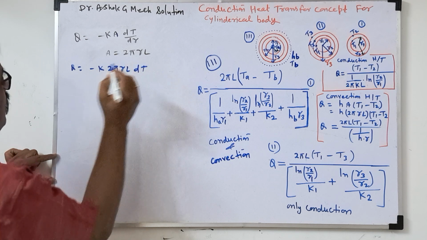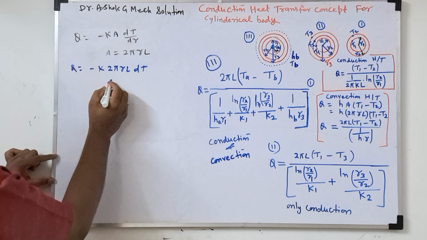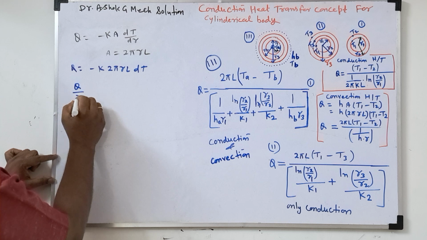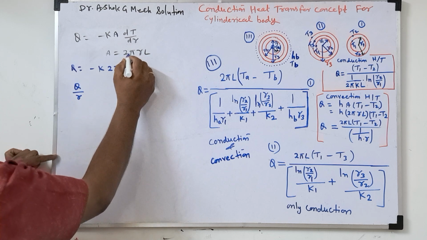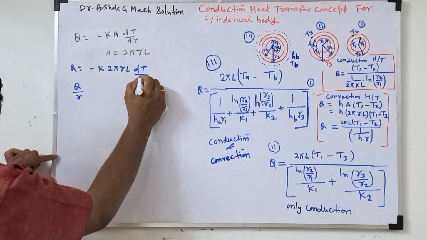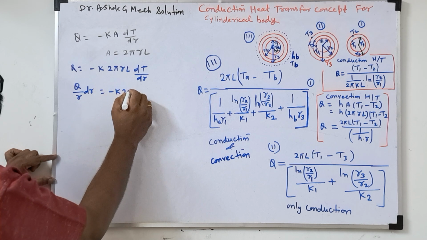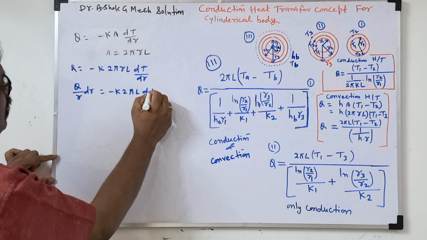Now we separate the variables. Q by R dr is equal to minus K 2 pi L dT.